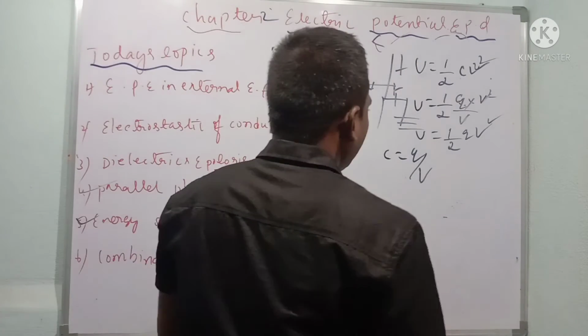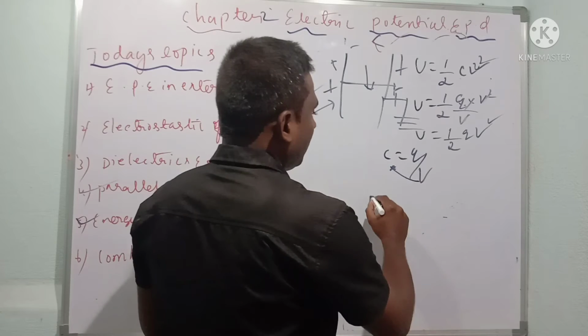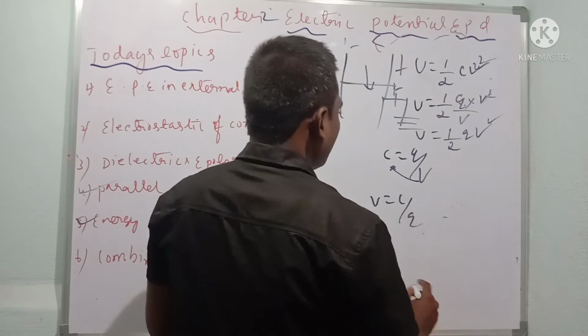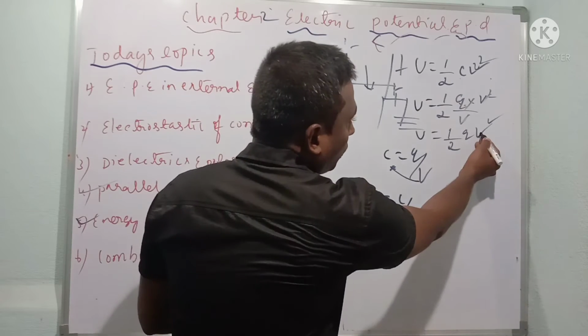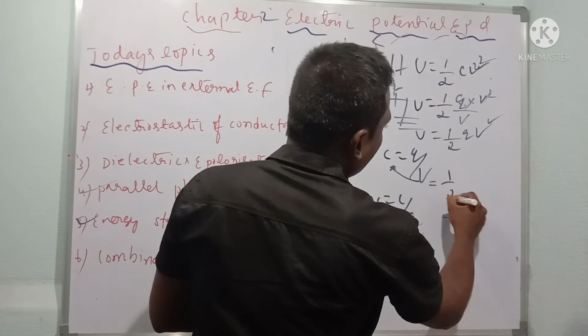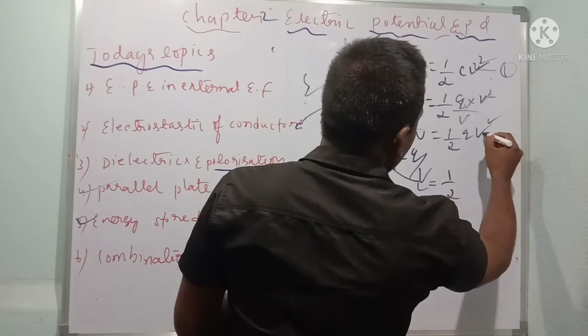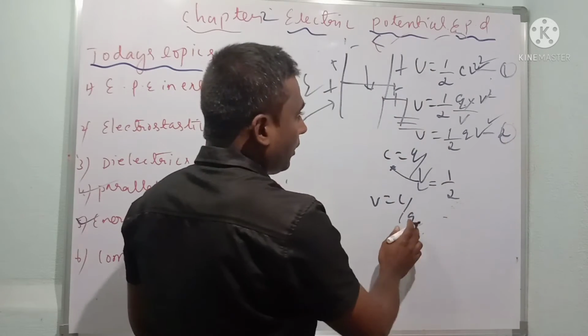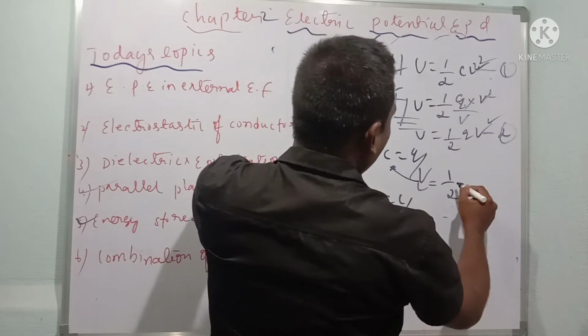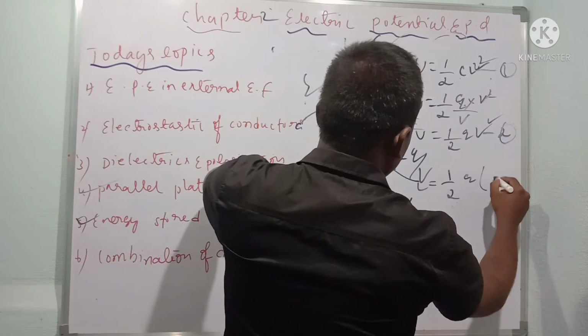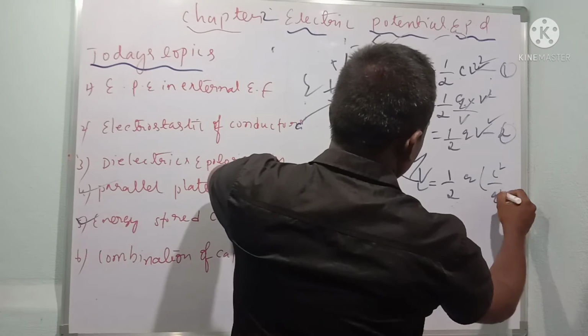Now again, children, do the cross multiplication. V is equal to Q by C. I am going to keep that here, in CV square. Then half into C into Q square divided by C square.